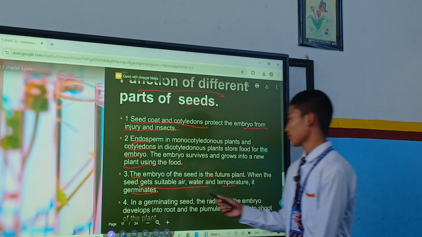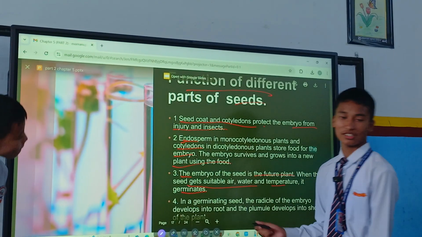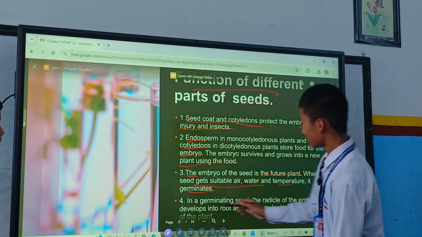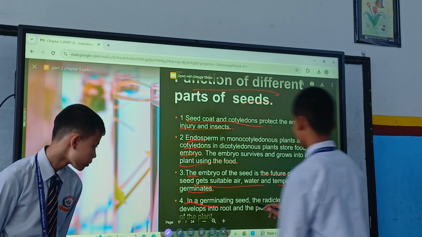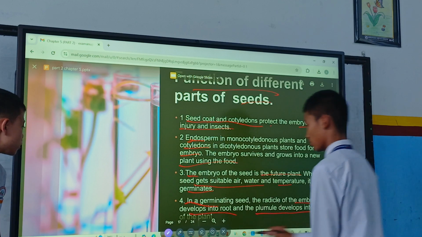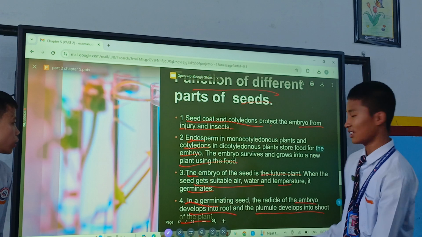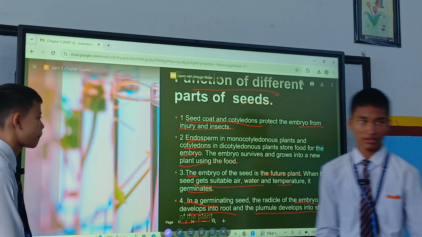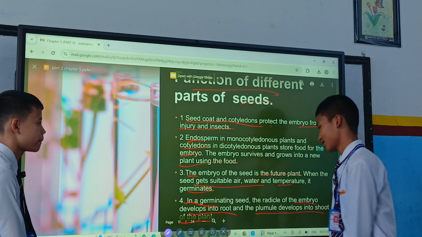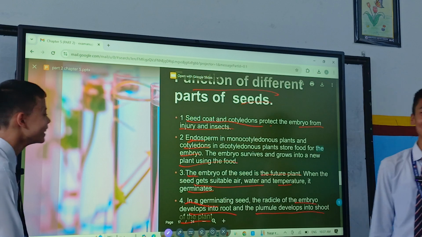The fourth point is about in a germinating seed, the radicle of the embryo develops into a root, which is underground, and the plumule develops into a shoot, which is above ground.